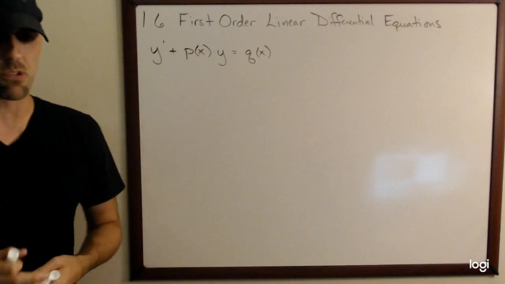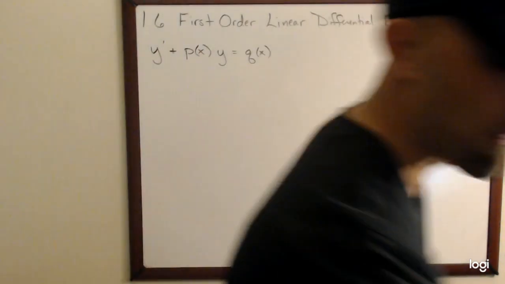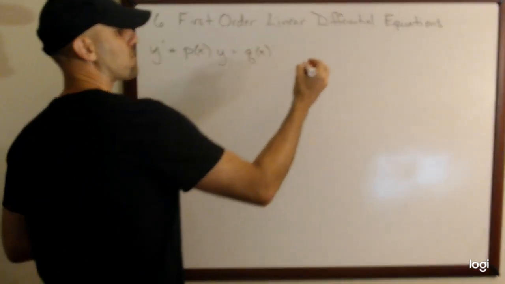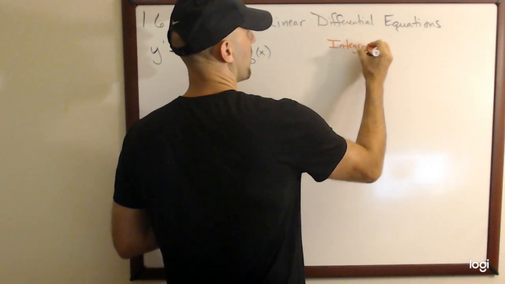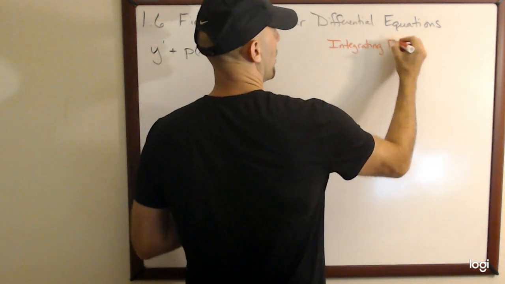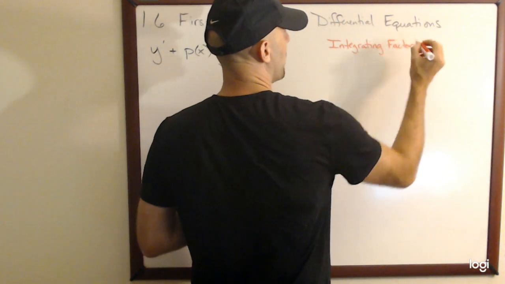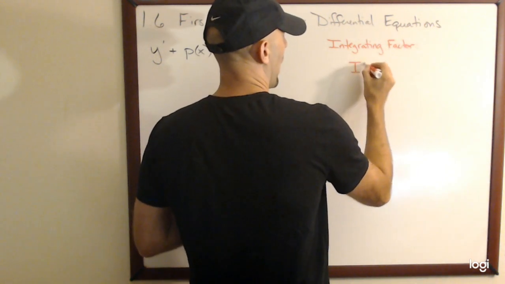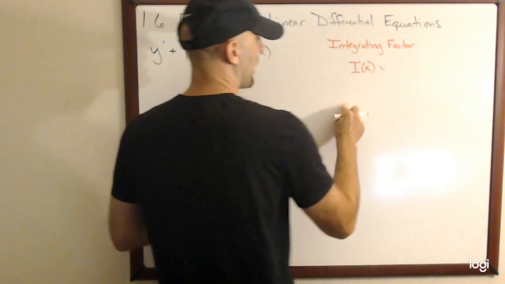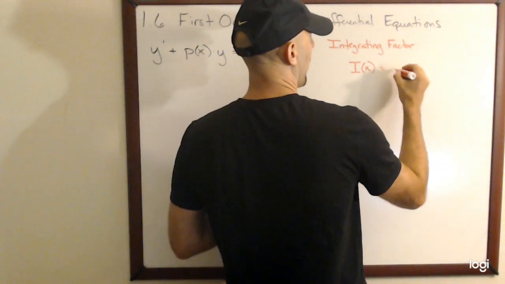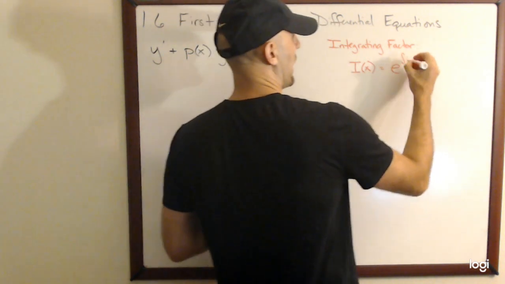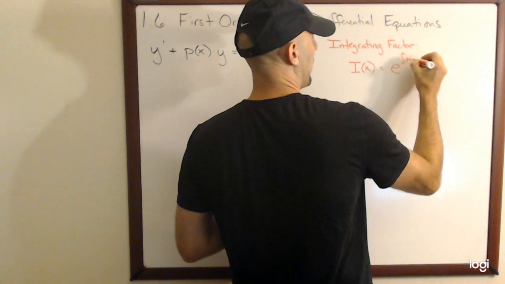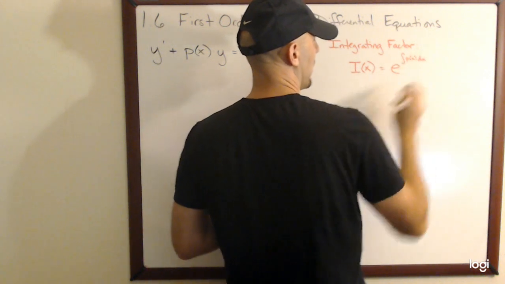I want another function which I'm going to call an integrating factor. This is going to be I of x. And I'm going to define I of x to be e, and the exponent here will be the integral of p of x dx.